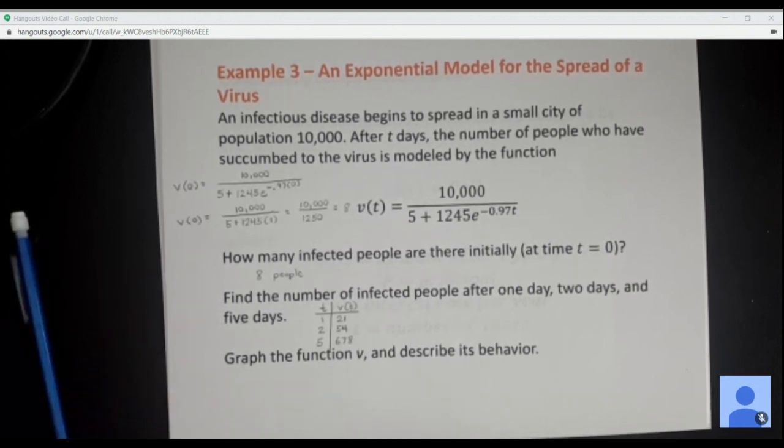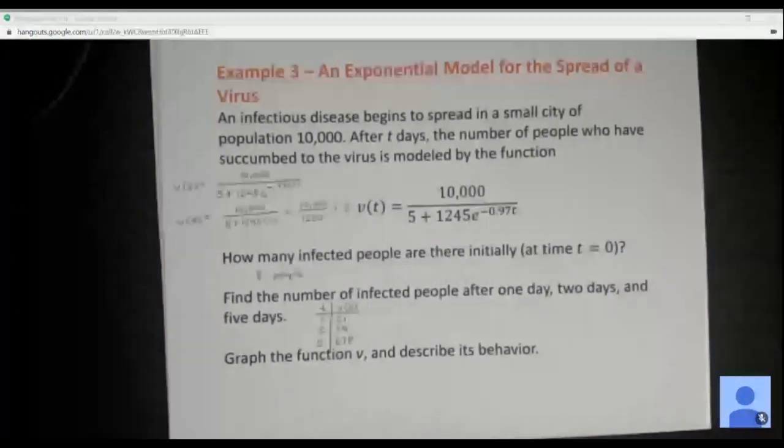I'm going to put this in Desmos and I'll share that with you. 10,000 divided by 1 plus 245e to the negative 0.97. All right.